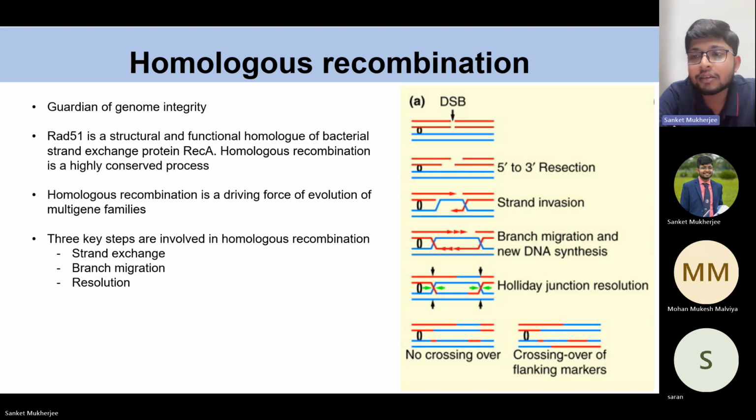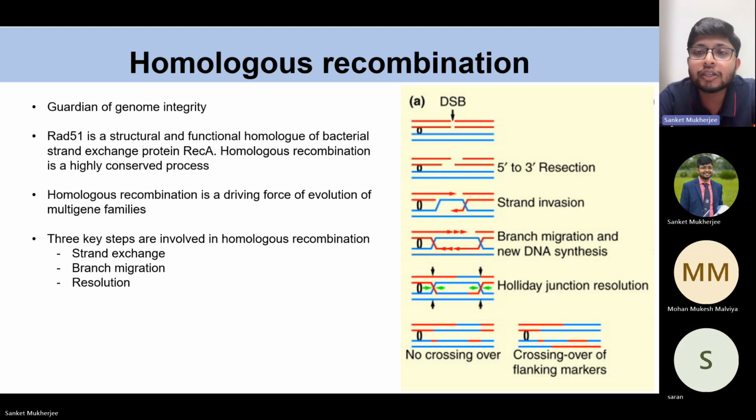So let's see what we have about homologous recombination. It is known as the guardian of genome integrity because this is one of the most accurate DNA repair mechanisms and most widely used in maintaining the integrity of the genome.